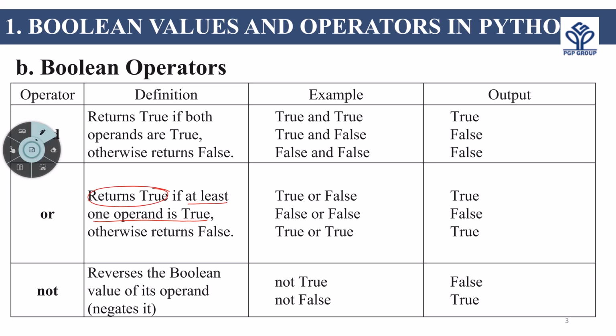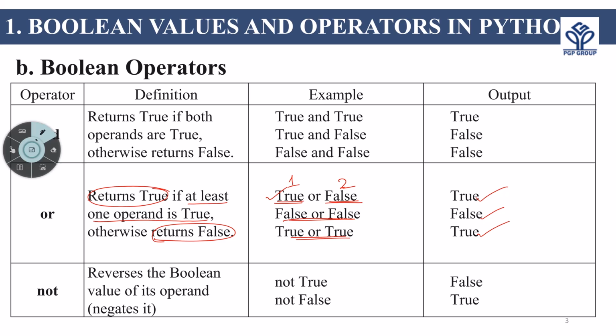We have two operands, first one true, second one false. Our condition is at least one operand is true, so it returns true. Then false, false: neither operand is true, both are false, so it returns false. OR returns true if at least one operand is true, otherwise it returns false. First operand true, second operand false: at least one is true, so return true. Both false, so return false. Both true, so return true.